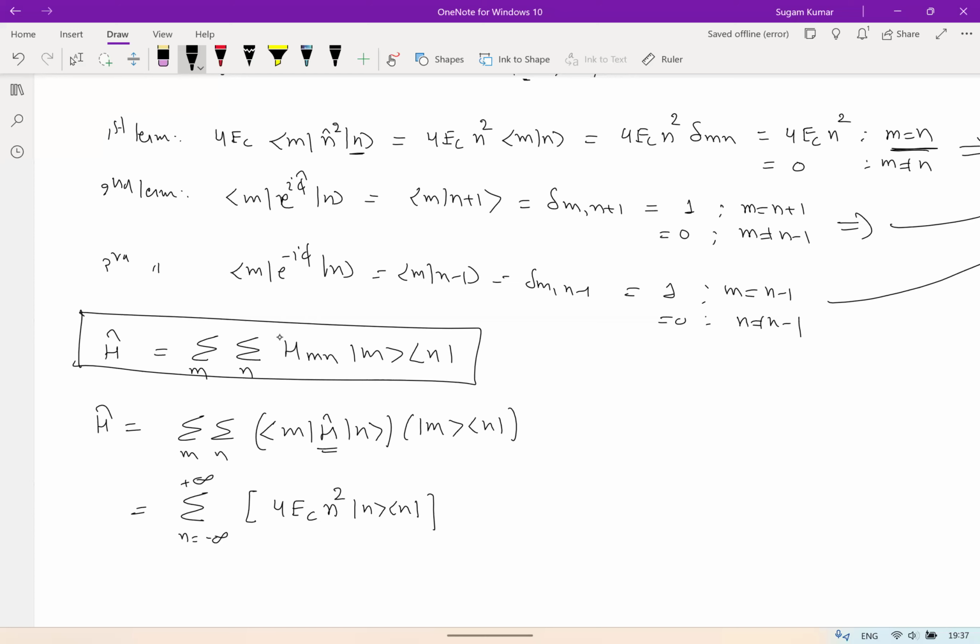You can see that for the first one, this is non-zero only when m equals n, so I have taken care of that. Then minus, in the second part, this is going to be EJ by 2. And here you can see one will be n plus 1, another will be n minus 1. So this is going to be |n+1><n|, and second will be |n-1><n|.